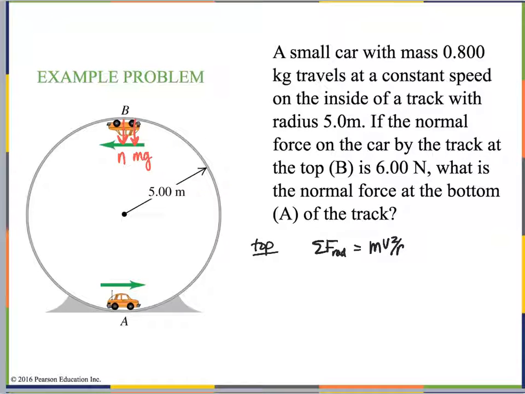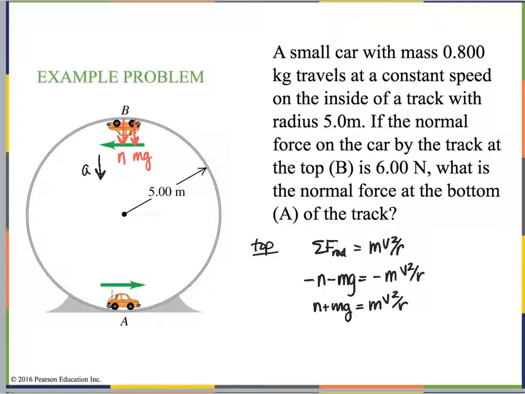I'm just going to go with a typical down is negative, so I'm going to have minus N minus mg. And then I also have to put a negative sign on the right-hand side because the acceleration is also down at that location. And then you see I could just multiply through by a -1 to get rid of all these negative signs. That would be nice.